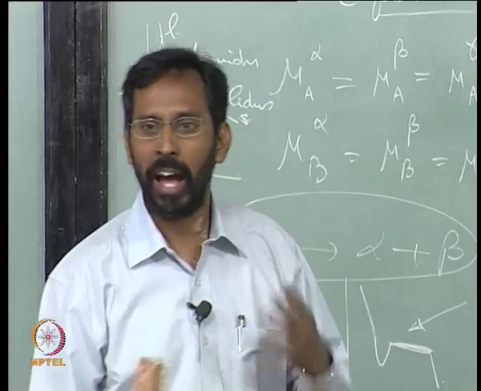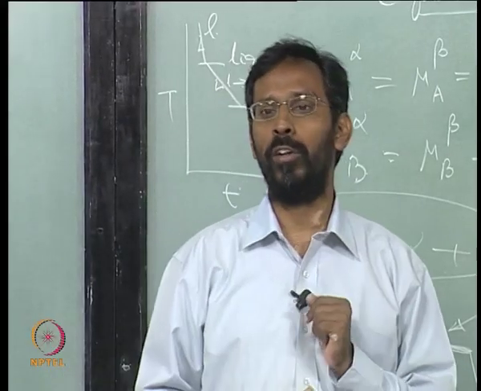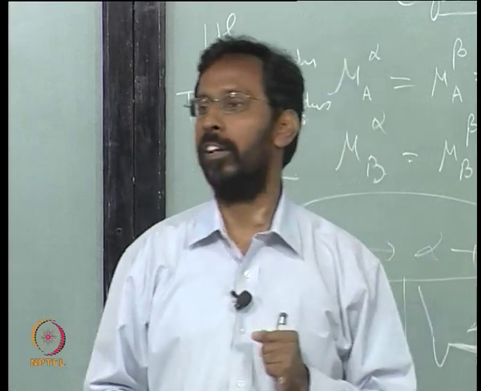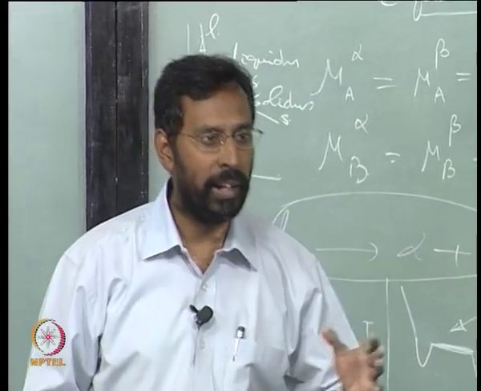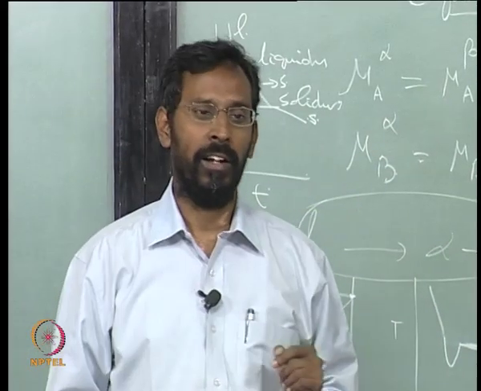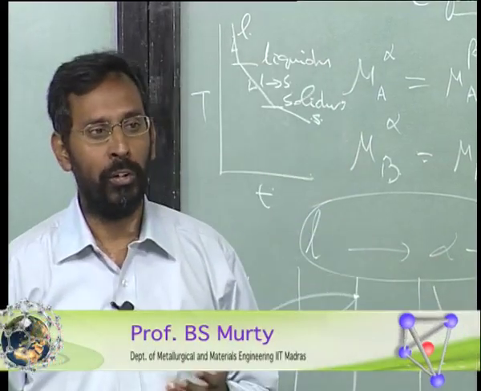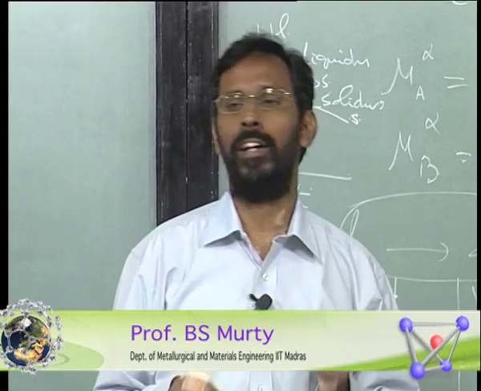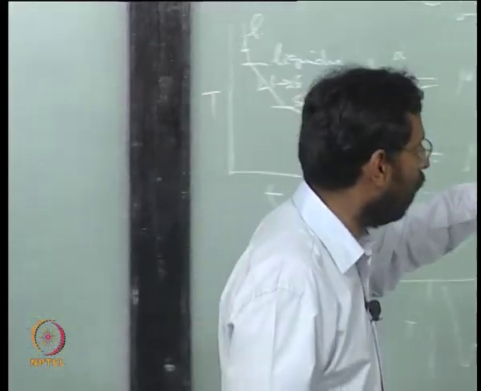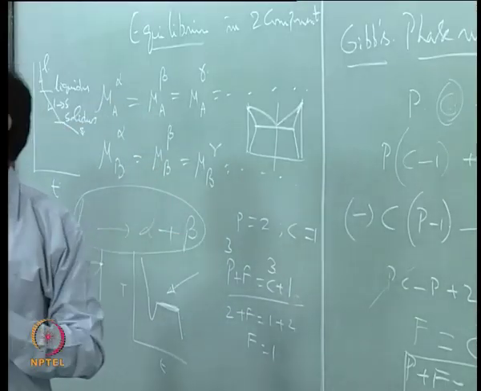So one has to be careful which system and what kind of reaction you are talking about, whether it is binary, ternary or quaternary. Accordingly these reactions will be either invariant, univariant or bivariant, and so the phase rule can really give us a lot of idea.